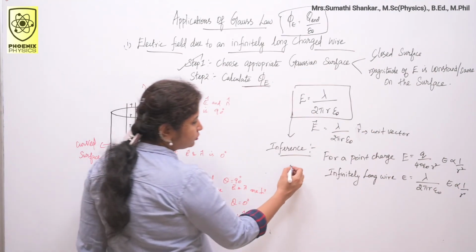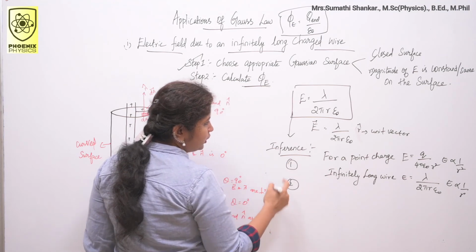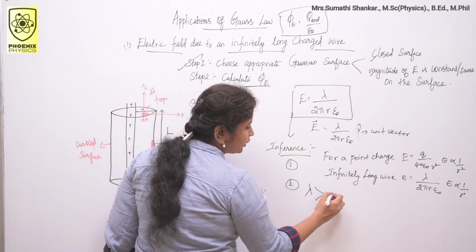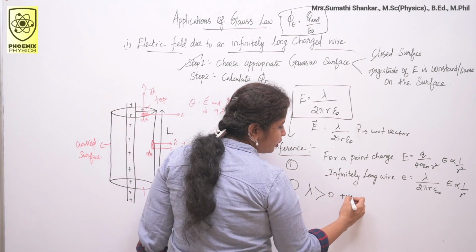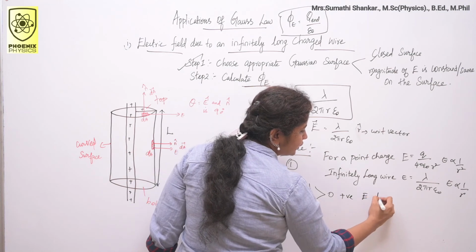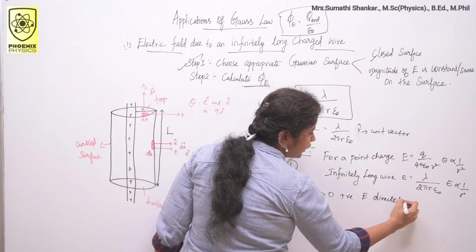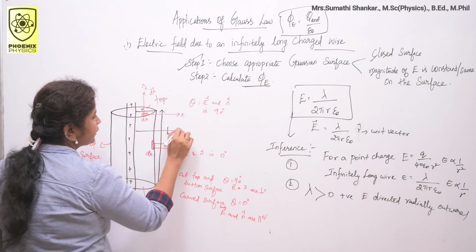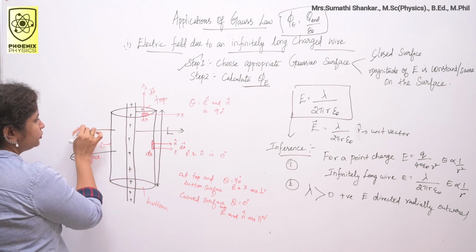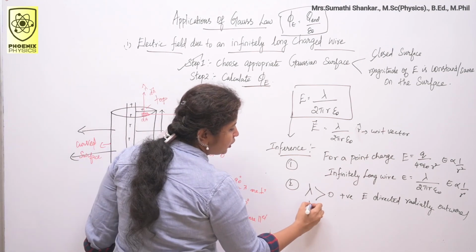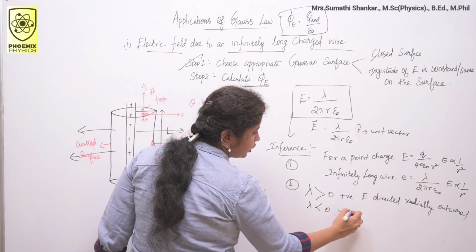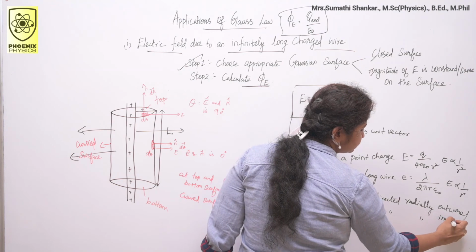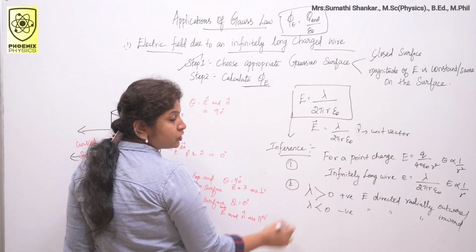This is the first point. Second one: suppose this linear charge density lambda is greater than 0, meaning positive. Positive means E is directed radially outward, like this. Suppose lambda is less than 0, meaning negative, so E is directed radially inward. This is the second inference.